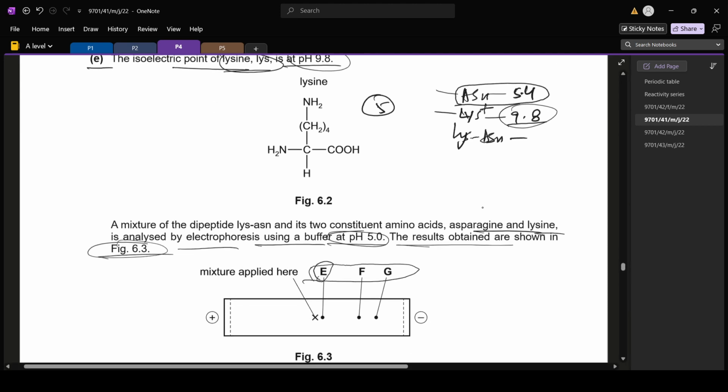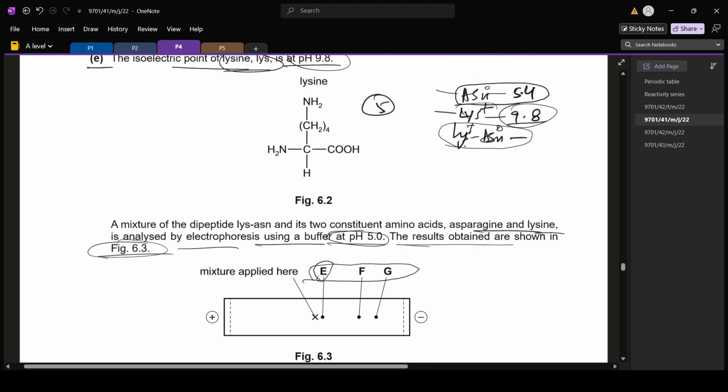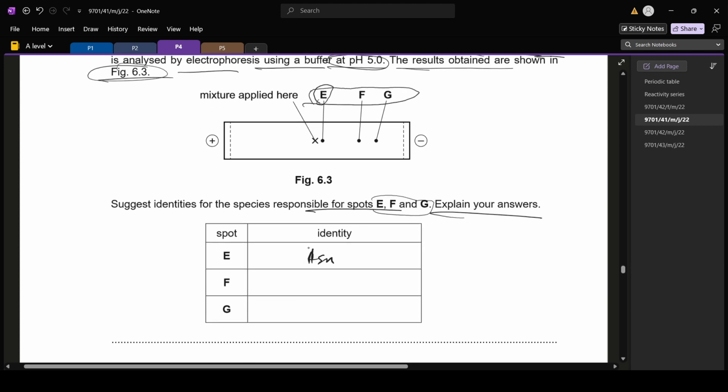Now you have to decide which of them will be F and G. Lysine has a positive charge and aspargine has, let's say, zero charge, neutral. So lysaspargine and lysine both have the same charge. Now you have to see which one of them has greater Mr. Definitely lysaspargine has a greater Mr, so it will move less. Okay, so F is due to lysaspargine.